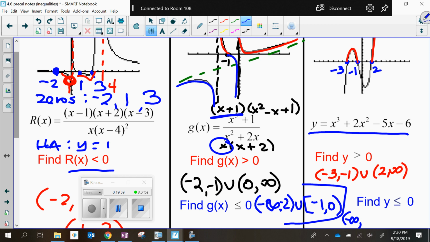Wait, sorry, negative infinity to what? -3. -3, okay. And then you did a bracket? Yes. Okay. And then after that, you do another bracket from -1, and then another bracket to 2. So 2 and then the bracket, you mean? So we're talking about this and then this.